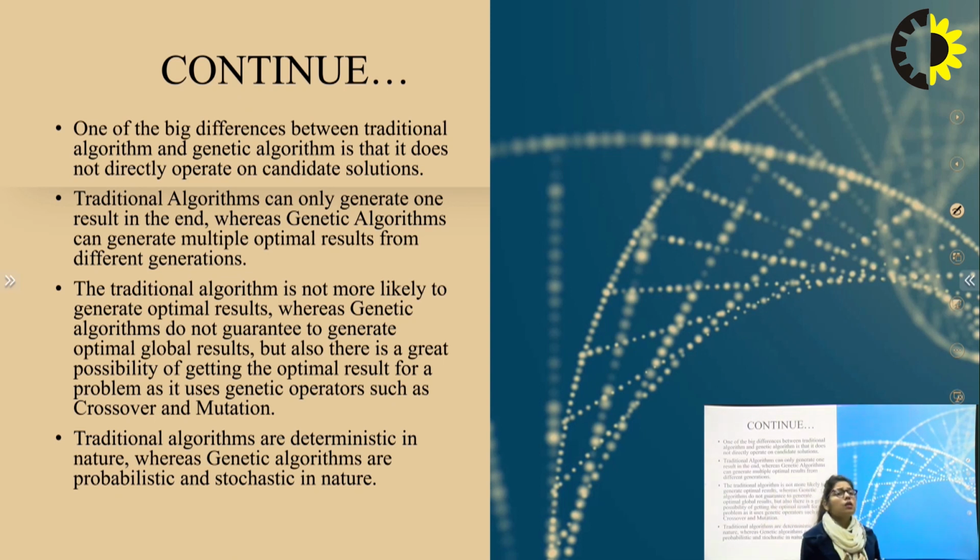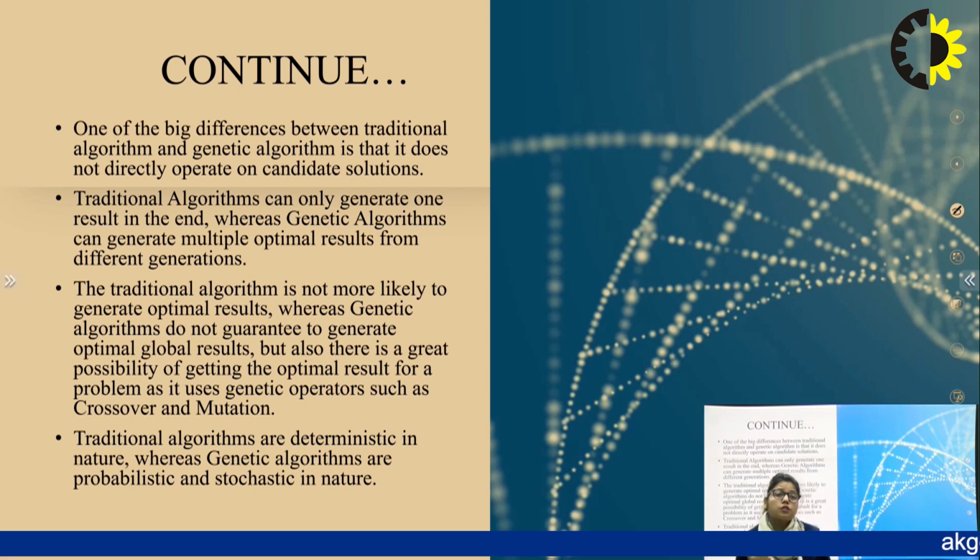Traditional algorithms can only generate one result in the end, whereas a genetic algorithm can generate multiple optimal results from different generations. We have a number of parents, children and offspring, and according to that we calculate fitness functions.